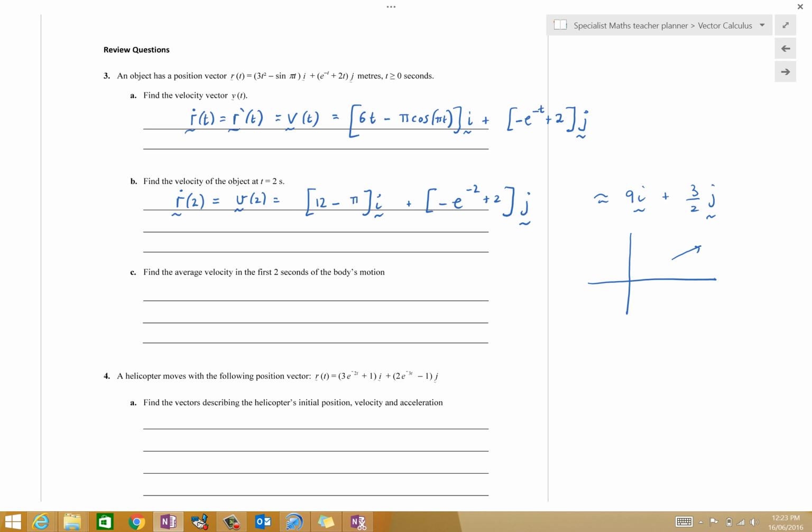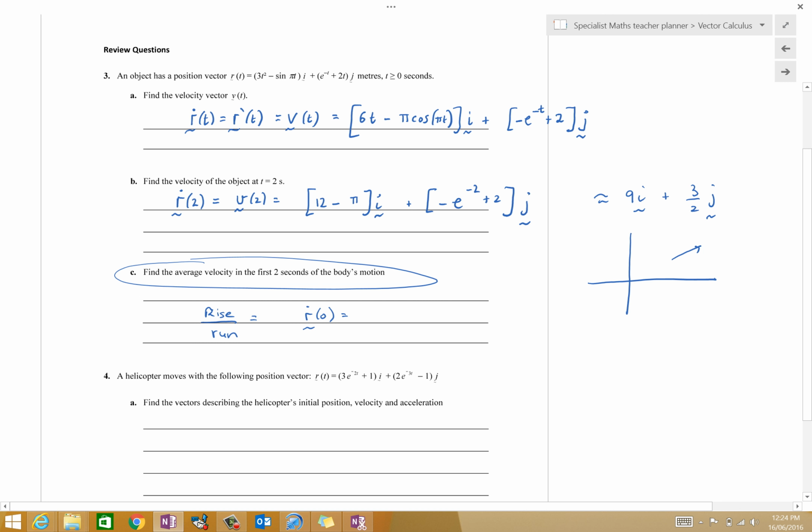We can find the magnitude because it says find the average velocity in the first 2 seconds. Well, that's a little bit different. In the first 2 seconds, isn't the average velocity just going to be more or less rise over run, if you like? So why don't we work out what r dot of 0 is?